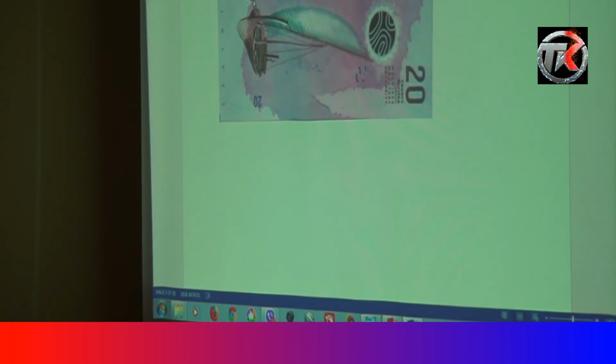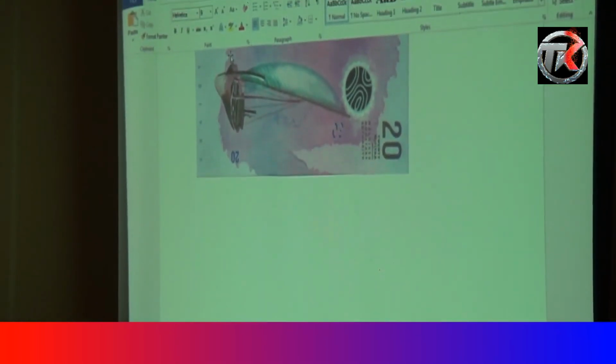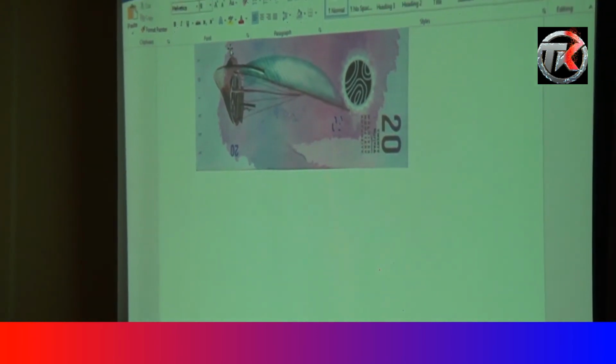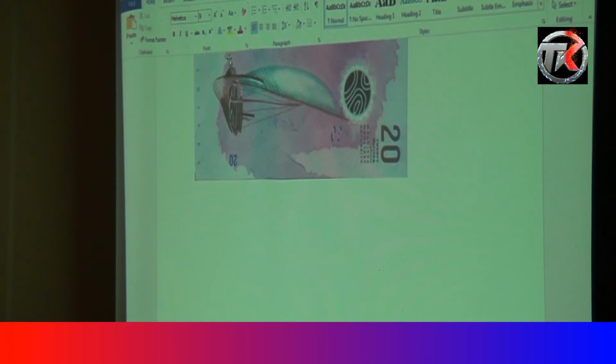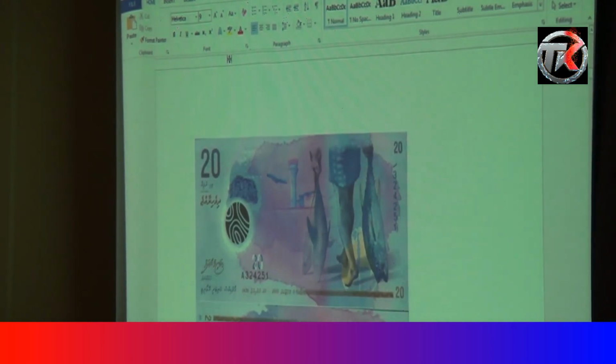And the important thing in the Maldives currency is, on the front side, they have horizontal orientation. On the back side, they have vertical orientation. The writing is vertical. You just see, this writing is vertical. But this one, writing is horizontal.